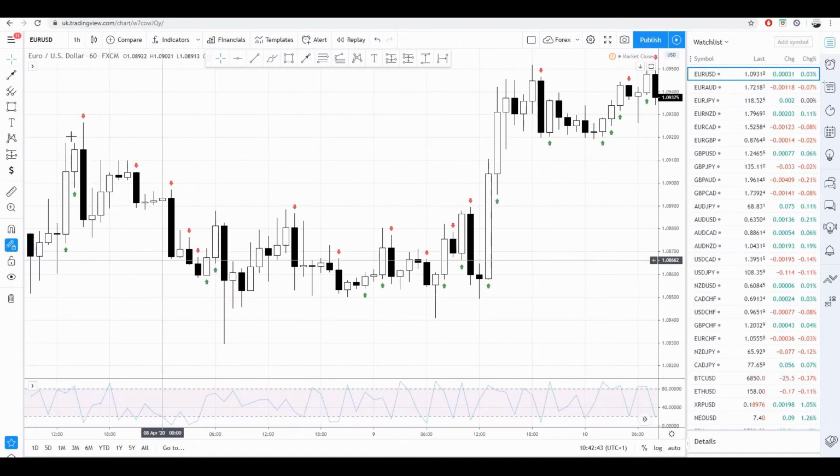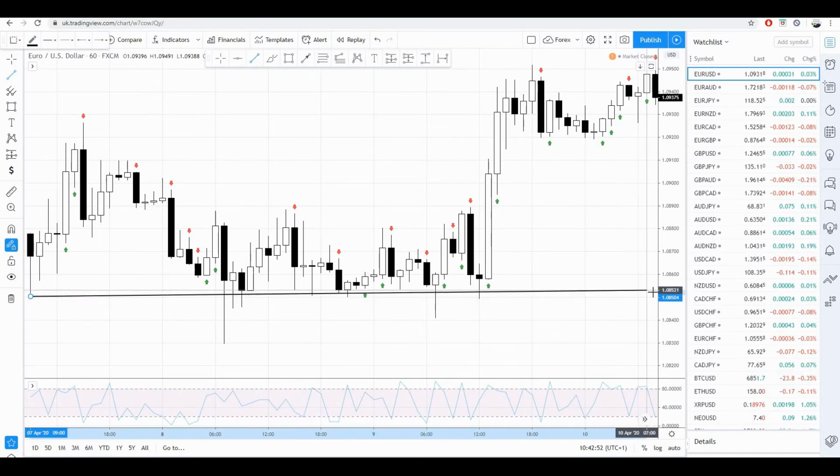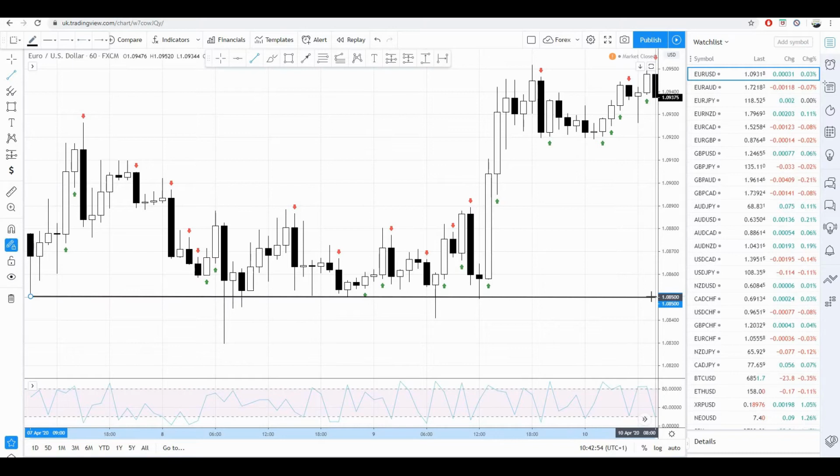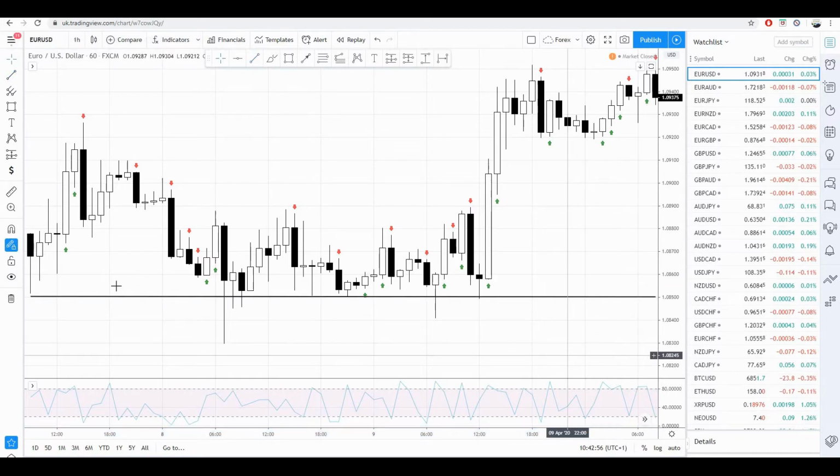So take this previous price action here. We've come down. Again, if you're not familiar with support or resistance levels, then you can watch some other videos. I personally don't trade support or resistance levels, so I'm not going to start delving into that, but there's plenty of videos out on YouTube and social media that cover support and resistance levels in all different ways. But just take this for example as a support level.